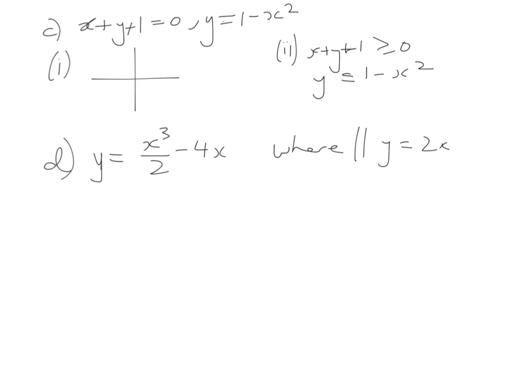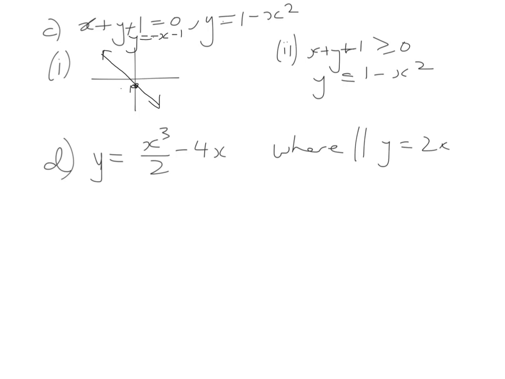So we have a linear line and then a quadratic. So in the linear, let's rearrange. y equals negative x minus 1, which means we have a y-intercept of negative 1 and a gradient of negative 1, which means basically that.